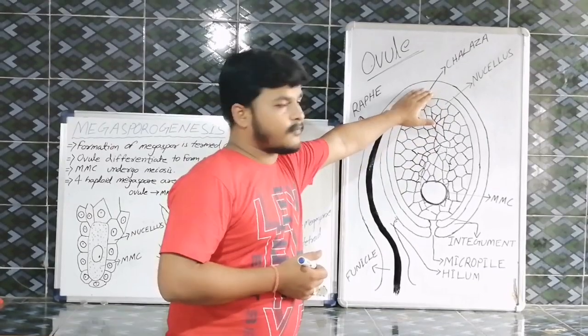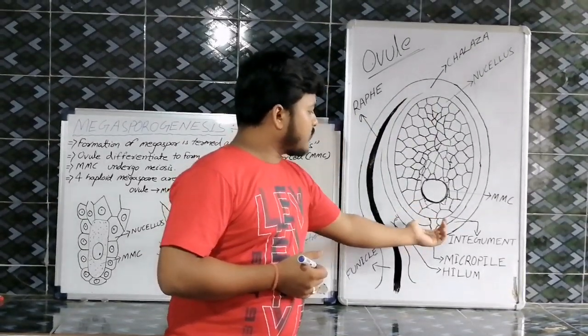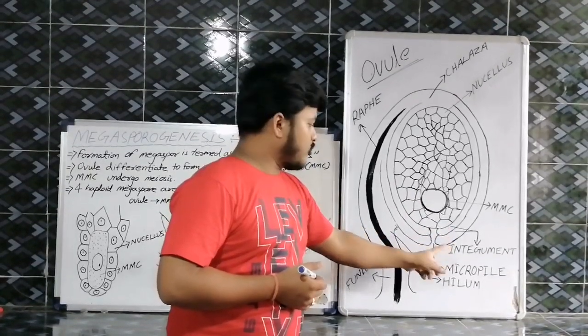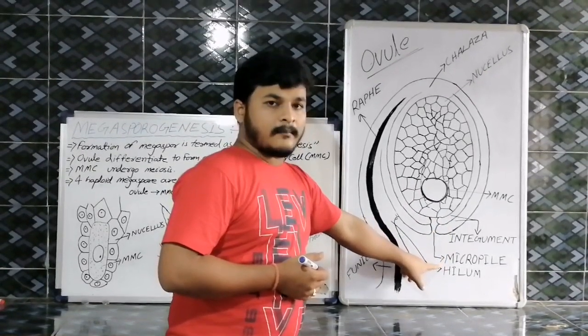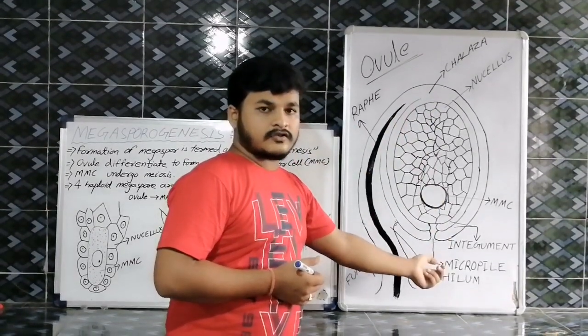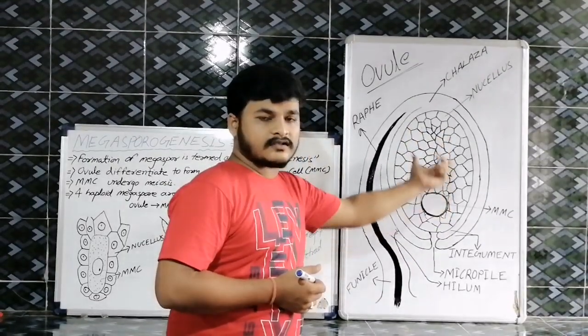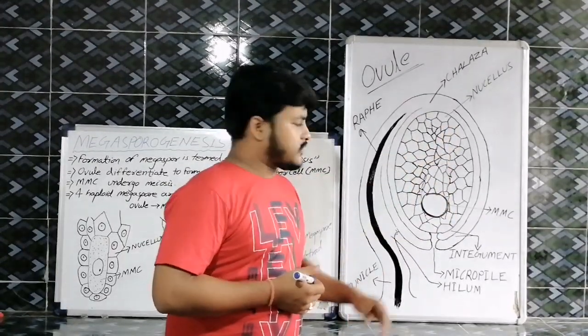The origin part of the integuments is known as the chalaza end, and where the integuments are not joined, the opening part is known as the micropylar end. Remember that the chalaza end is always opposite to the micropylar end, and the middle part, the compact mass of cells, is always known as the nucellus.